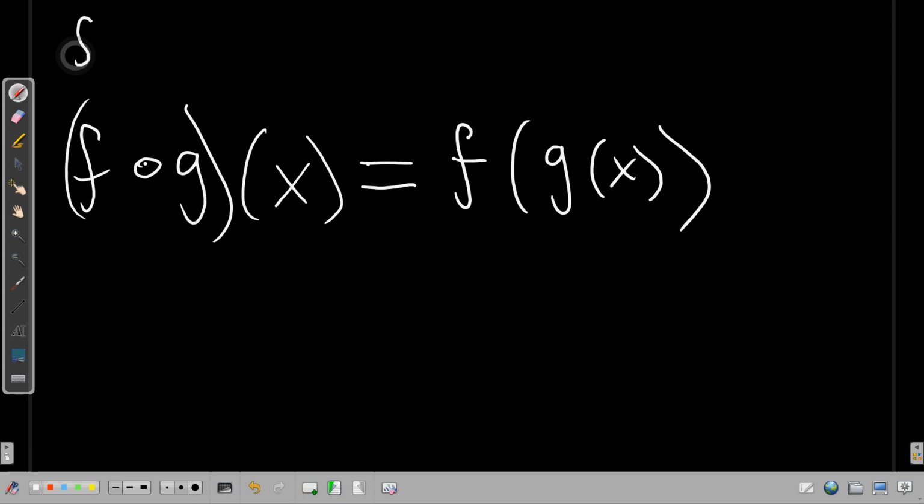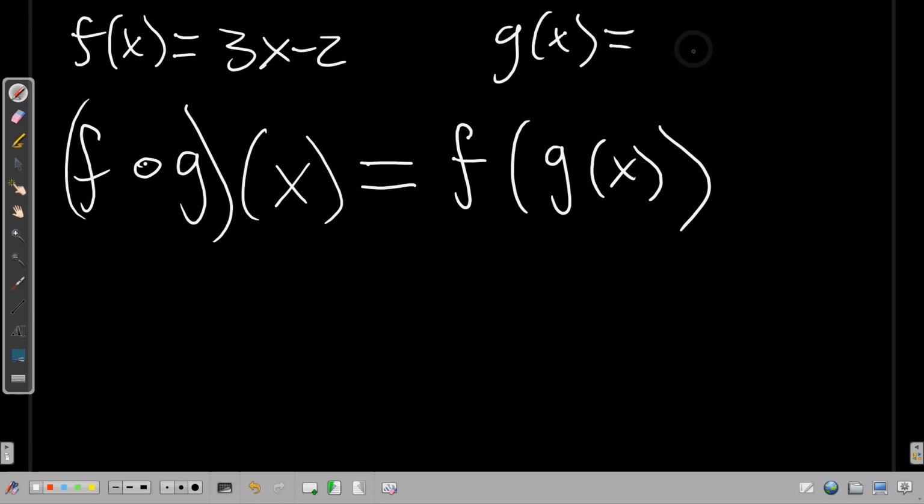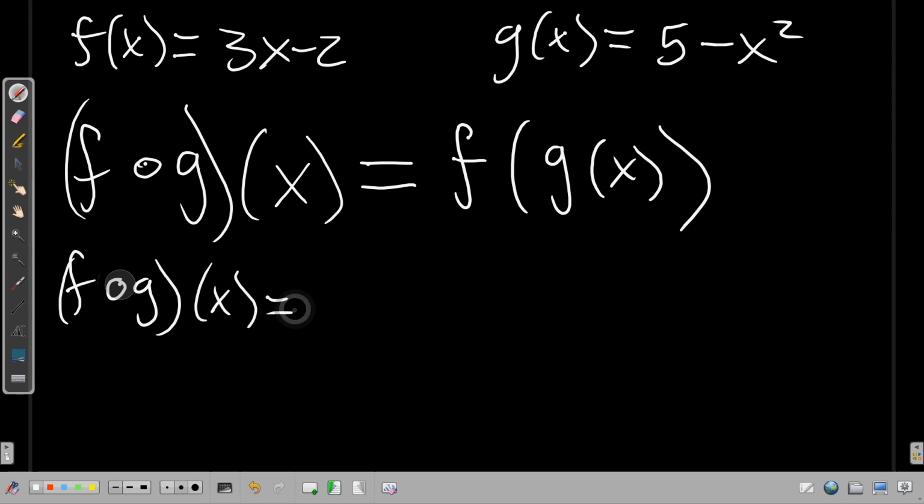So if we have that same f as previously of 3x minus 2, and then let's say that g of x is 5 minus x squared, then f circle g of x would have to be, I'm going to take my function g, which is right here, I'm going to substitute that whole thing in to f.